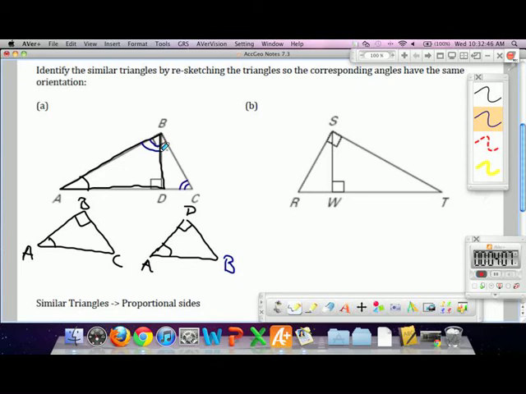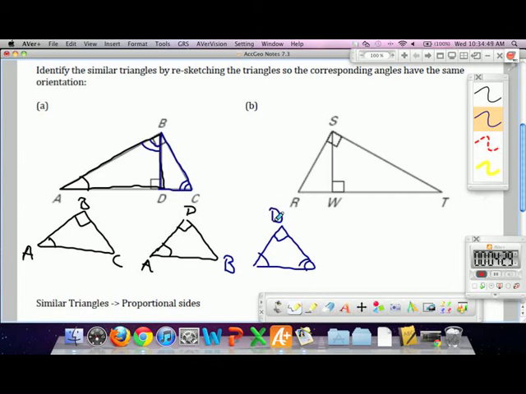So I'm going to do the same thing with this smallest triangle that I just made. The same game. I still want the right angle here. In my smallest triangle, what's the right angle? D. In my smallest triangle, what angle should go down here?